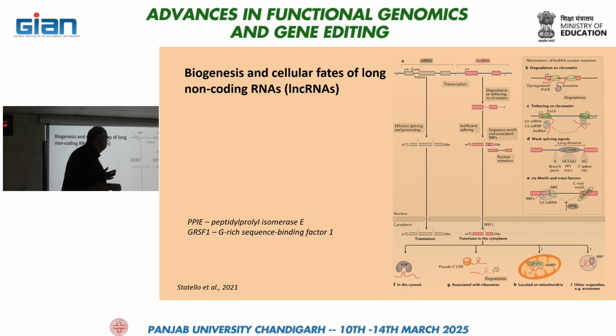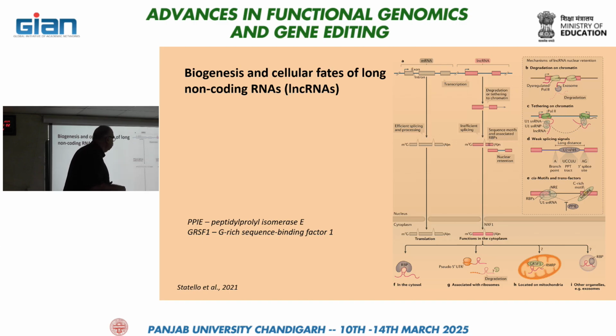Then you have weak splicing signals, as I said, and these splicing signals can actually stop splicing and export of these long non-coding RNAs into the cytoplasm. Some special protein complexes can also bind here and block splicing of this intron.